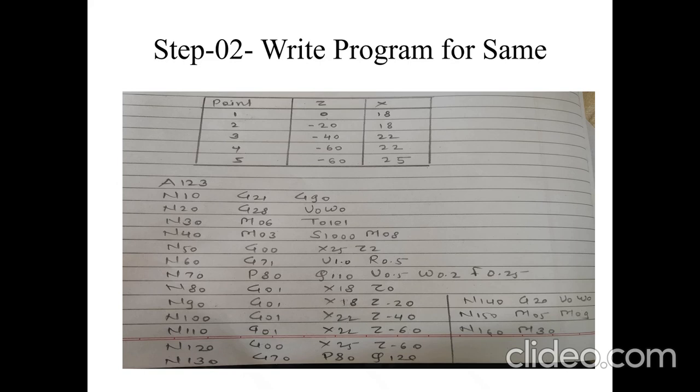N90, here we can see that by using these coordinates we write the program: G01, X18, Z-20, G01, Z-40, X22, Z-60, X25. After that the tool comes to point 5.